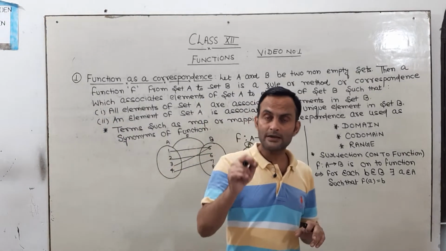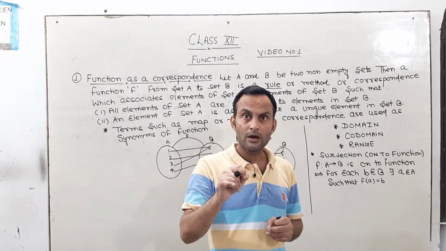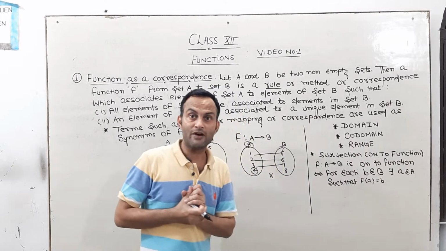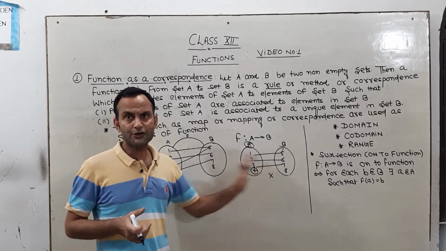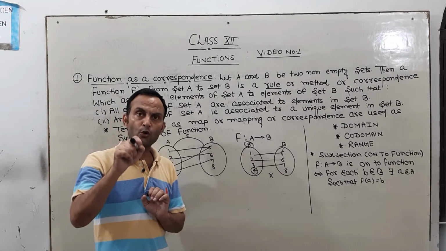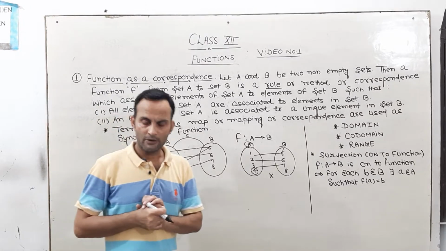My dear students, in the beginning I have already told you, a special type of relation is said to be a function. However, this is a relation but not a function. So my dear students, without knowing the concept of relation, we are not able to understand the meaning of function.